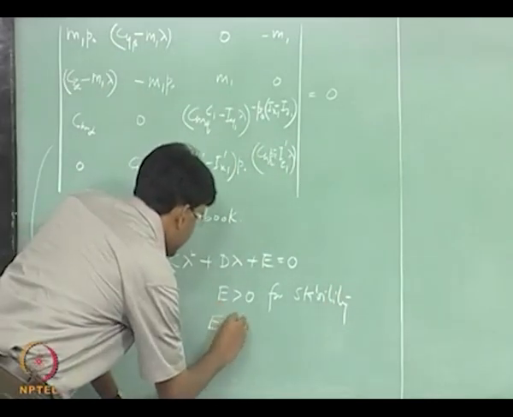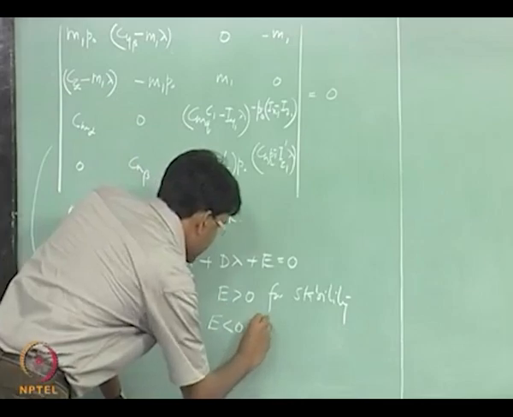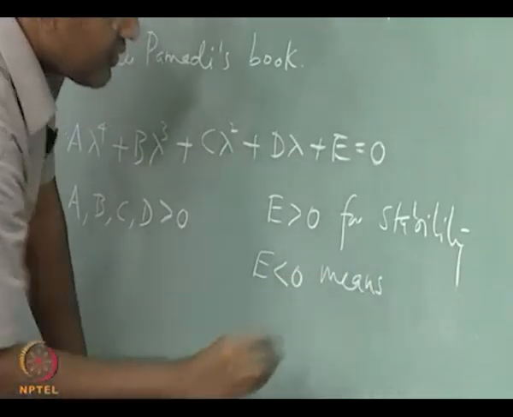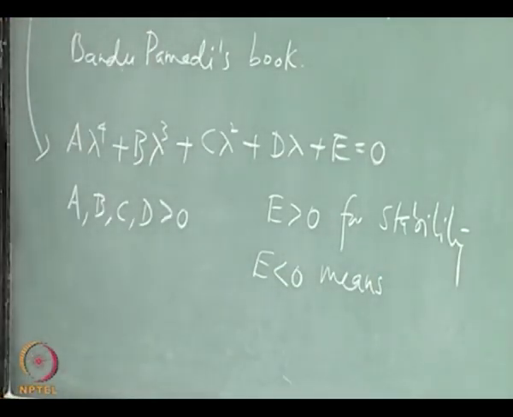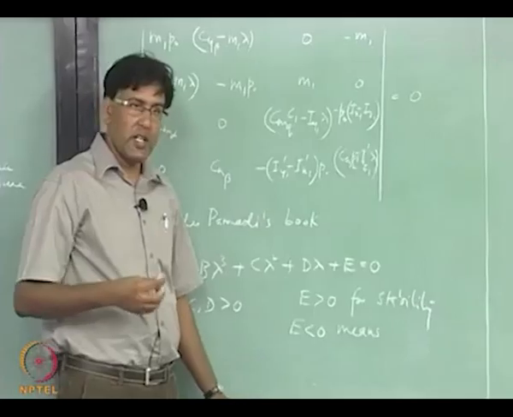And E less than 0 means we are going to have one or more roots, or the eigenvalues of this equation, with positive real part.